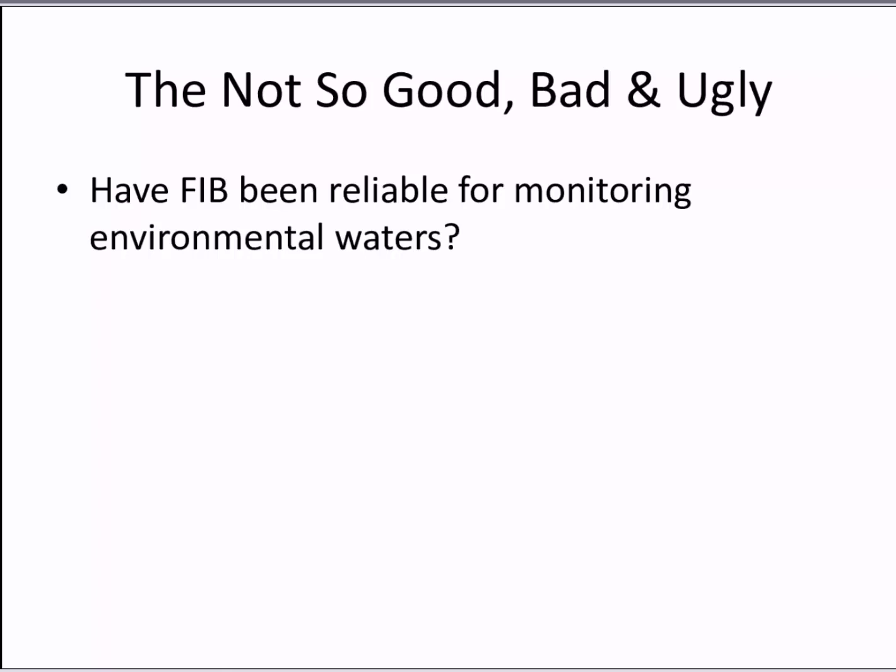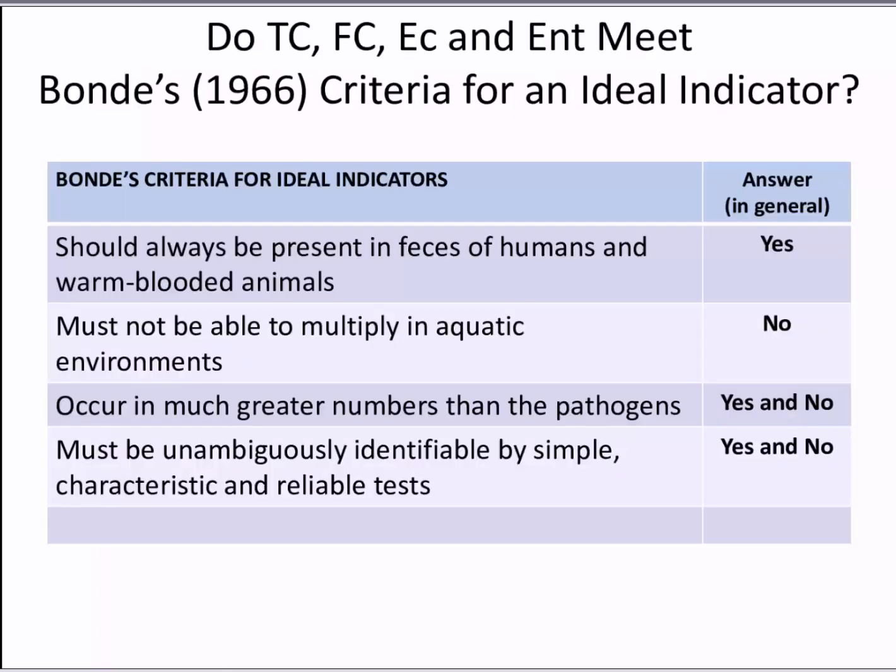And for that, we need to look at Bonde's criteria for an ideal indicator. So, do the indicators meet these standards? And this table shows the standards and then the answers on the right-hand side. So, the criteria are that the indicators should always be present in the feces of humans and warm-blooded animals. And yes, that's true. They must not be able to multiply in aquatic environments.